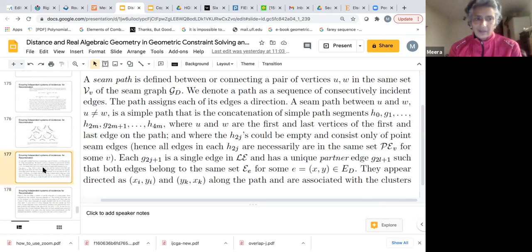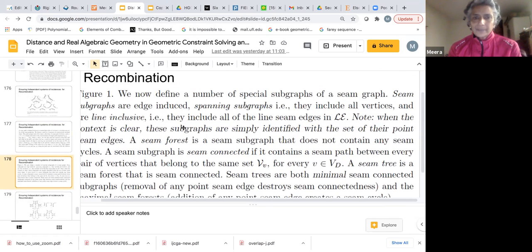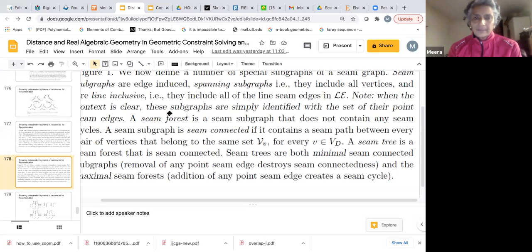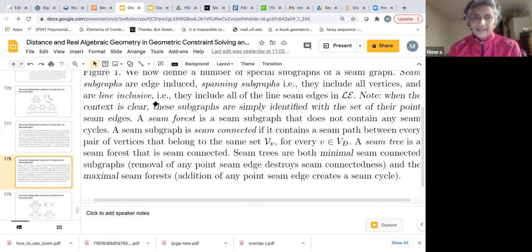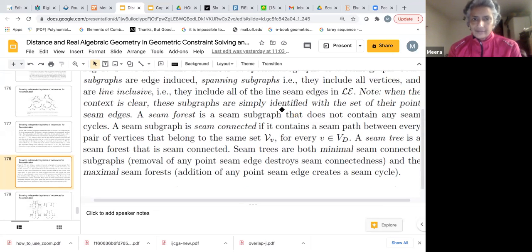That's how we define these seam graphs. And then you can talk about spanning subgraphs, as induced subgraphs, and they should be line inclusive, which means they include all of the line seam edges. And when the context is clear, we simply identify these subgraphs with their set of point seam edges.